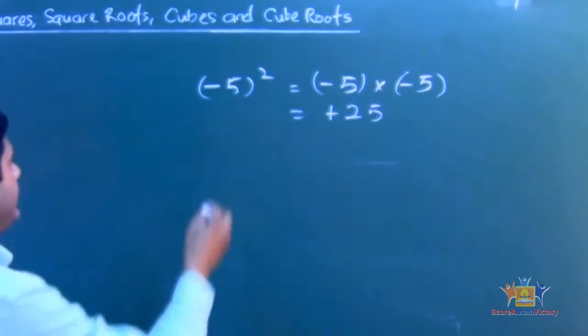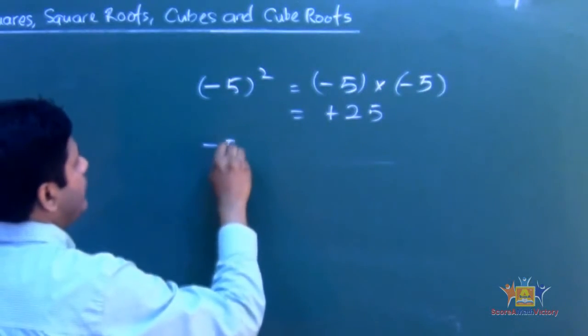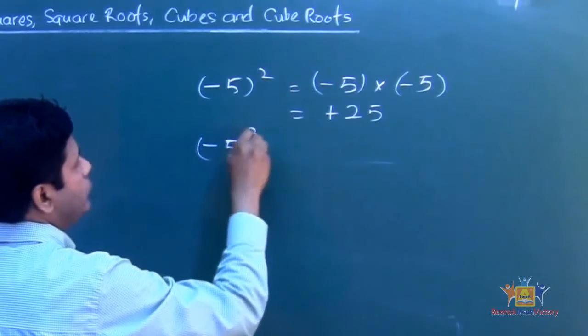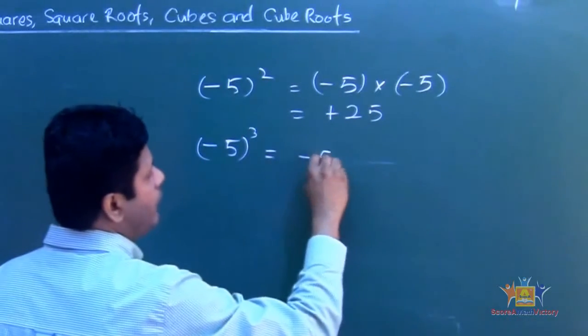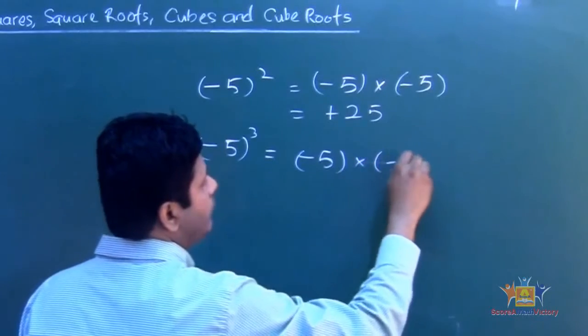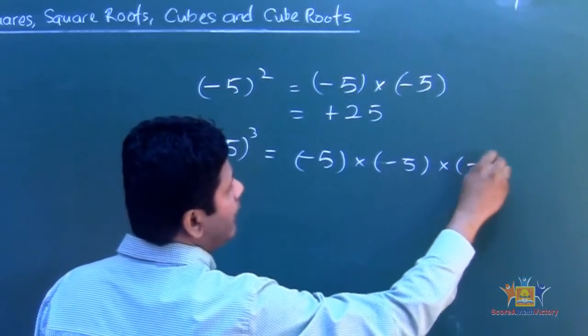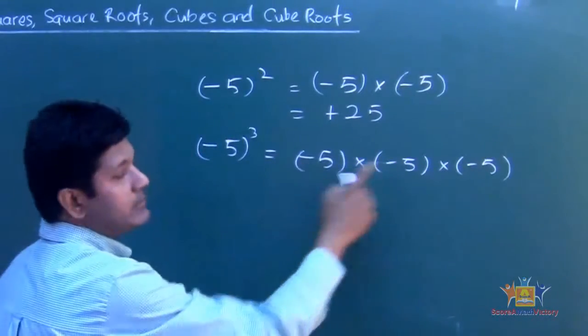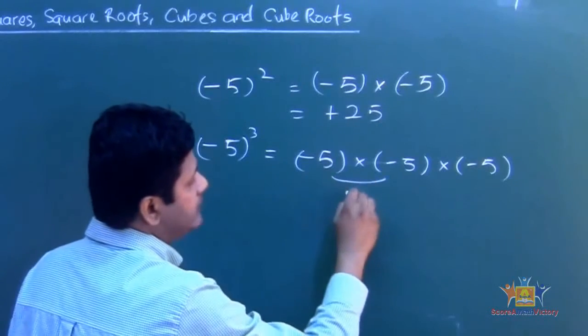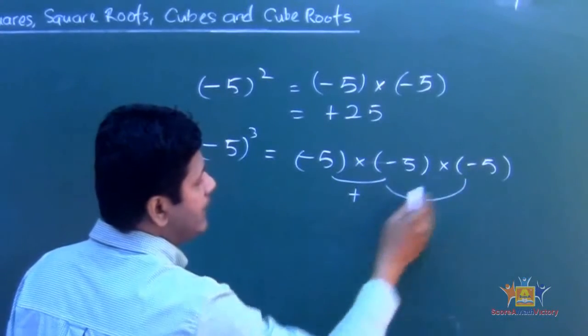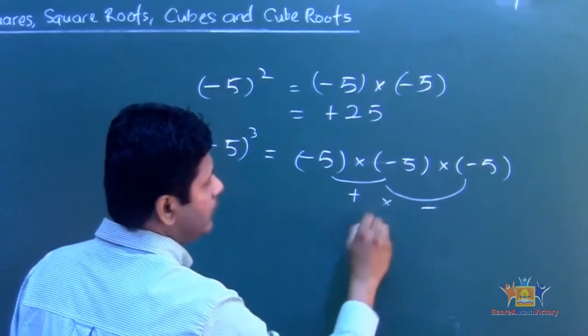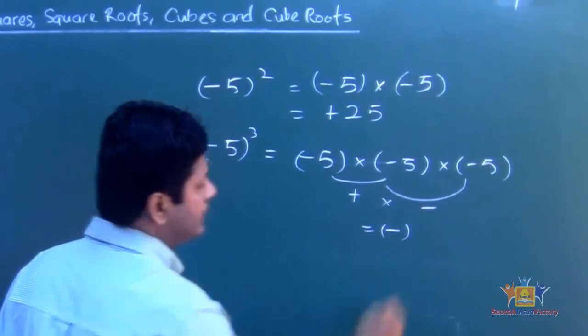Why is that? Look at this. If I have negative 5 to the third power, which is cube, that means negative 5 times negative 5 times negative 5. Negative times negative is what? Positive. And then times another negative gives you negative. See that?